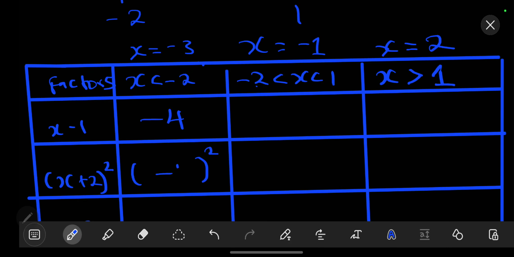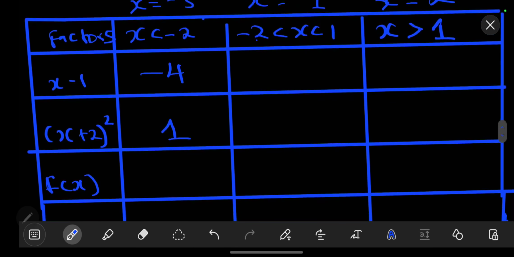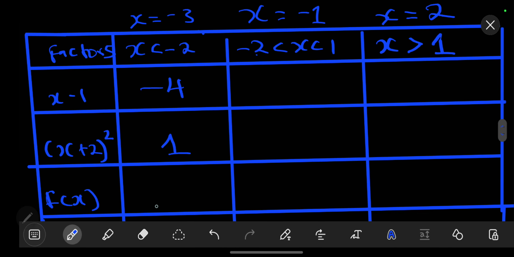So inside here we are going to get -1, -1 squared gives us +1. Then multiply them: -4 times 1 will give us -4. Then finally we have -4 there.